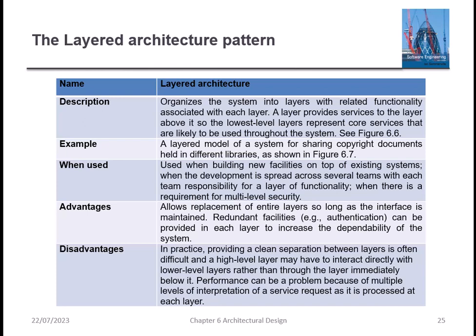One best example of the layer based architecture pattern is the OSI model. In computer networks we have the OSI model which consists of 7 layers: application layer, and then presentation layer, session layer, network layer, transport layer, data link layer, and physical layer. So data passes one by one through each layer, but we cannot see it physically.